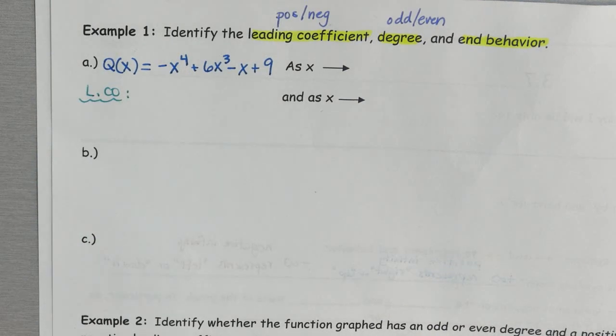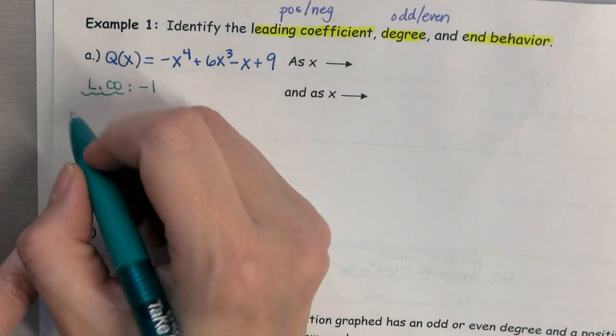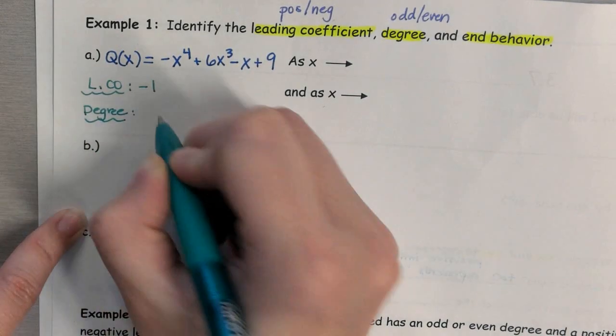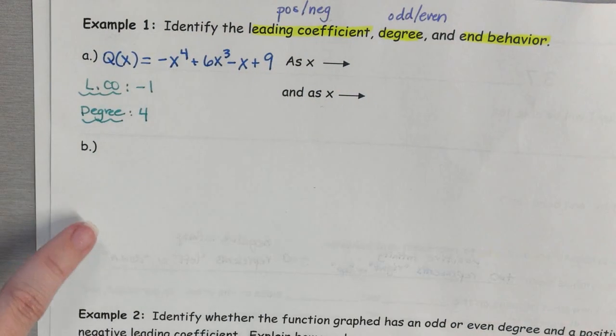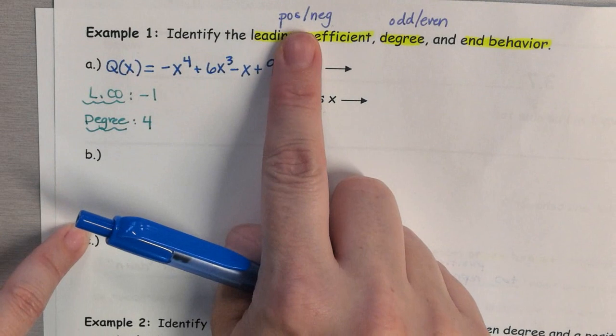So Eddie, what's our leading coefficient for this one? -1. Good. So the leading coefficient is -1, and then Sophia, what's our degree for this one? 4. Good. So the leading coefficient is where you determine if it's positive or negative.